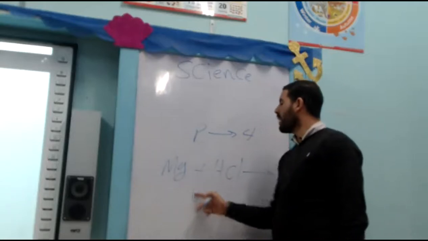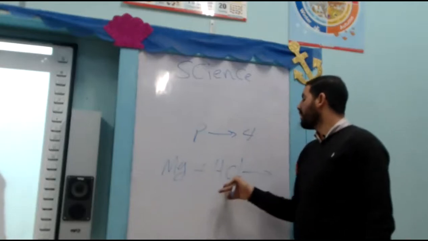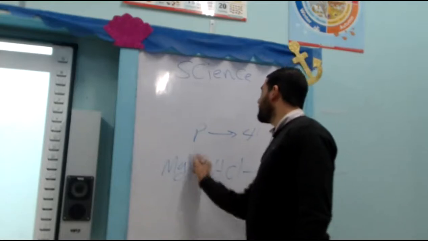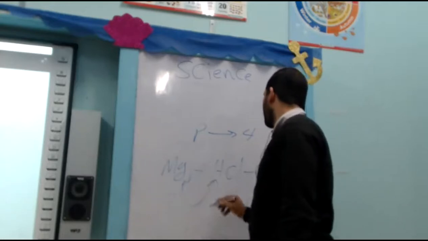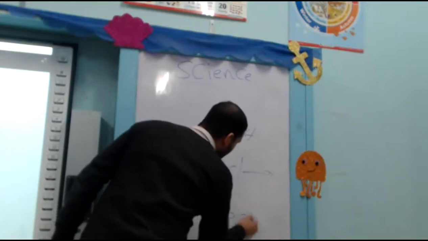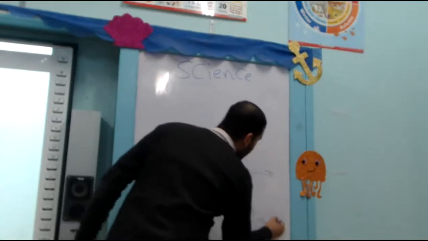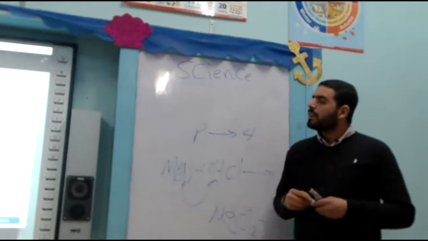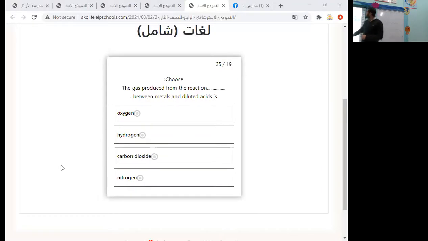As magnesium is more active than hydrogen, it will replace hydrogen in its compound, forming magnesium chloride, and hydrogen gas evolves. So the gas produced from the reaction between metals and diluted acid is hydrogen.